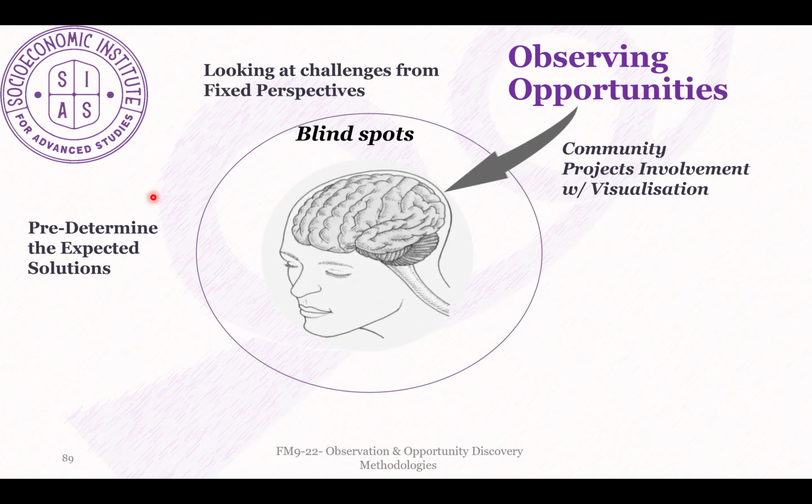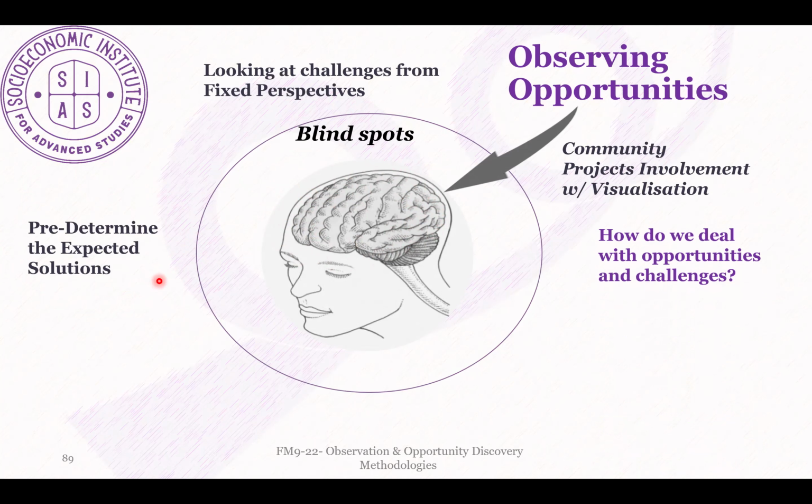We should avoid this when we start to look for opportunities, whether internally or externally. We should not let our assumptions, our paradigm, our mindset increase our blind spots because of predetermined expected solutions.